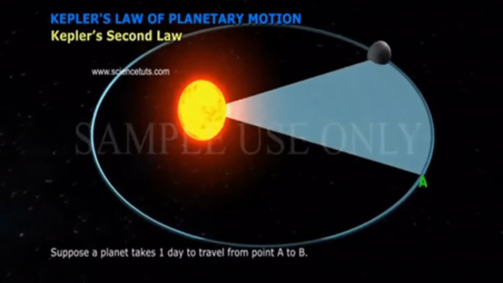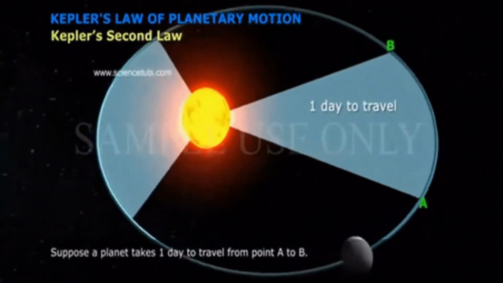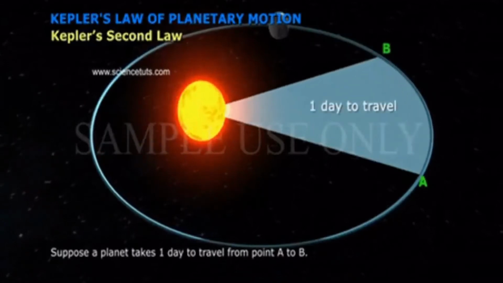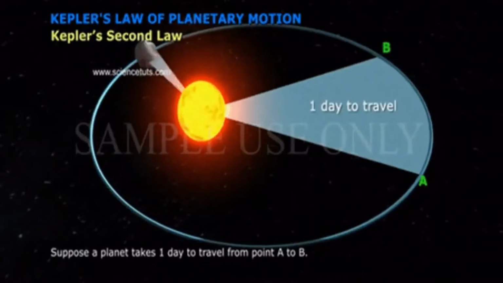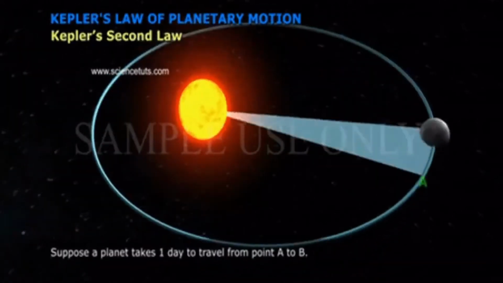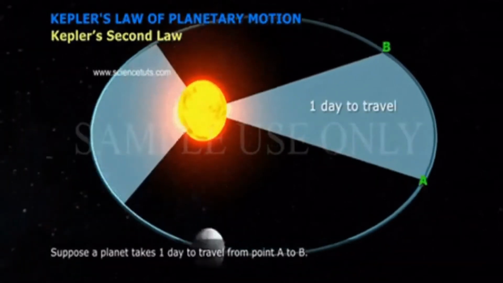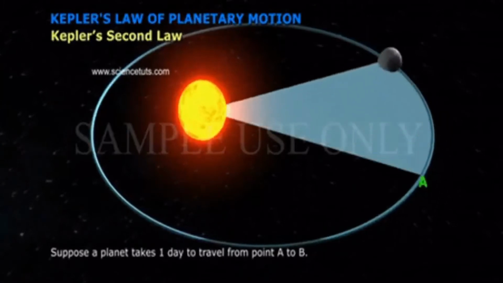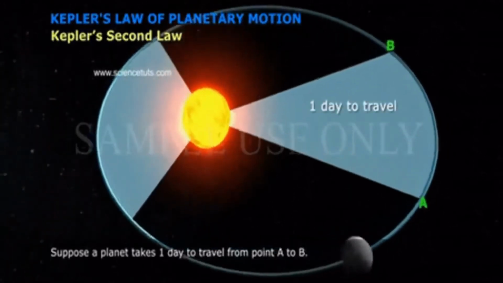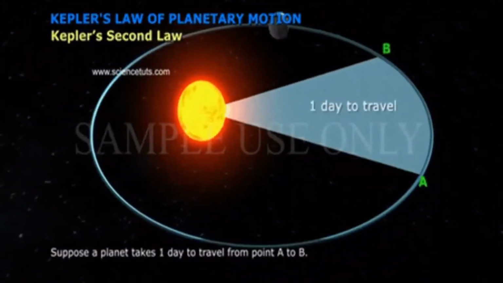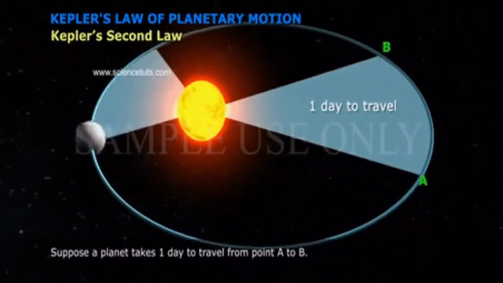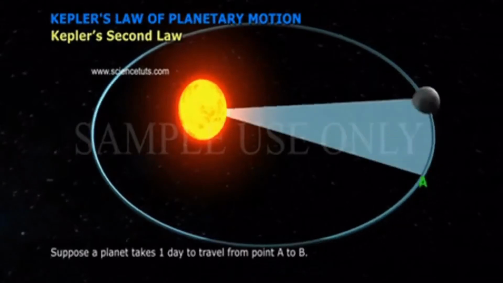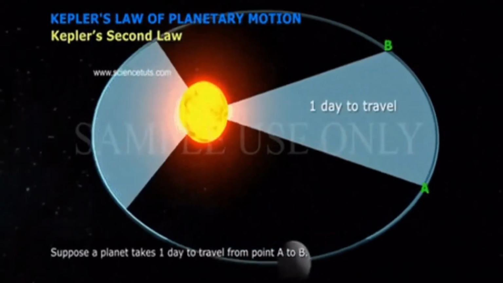As you could see here in this animated illustration, when the planet approaches the perihelion, the planet speeds up, and when the planet approaches the aphelion, the planet slows down. Okay, so that's Kepler's second law of planetary motion. Now, what about Kepler's third law of planetary motion?